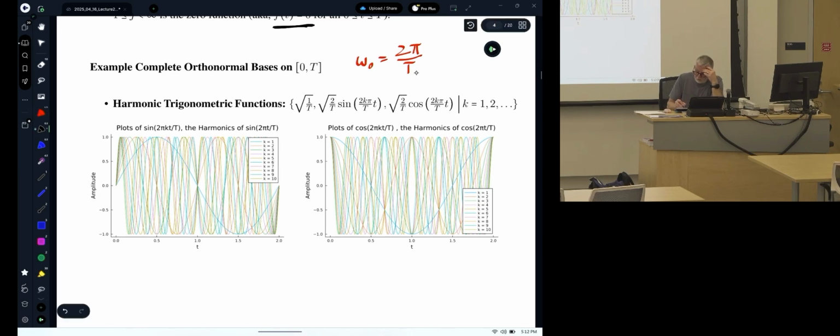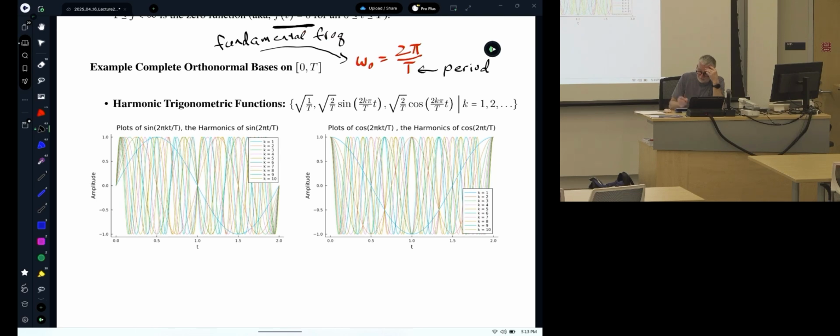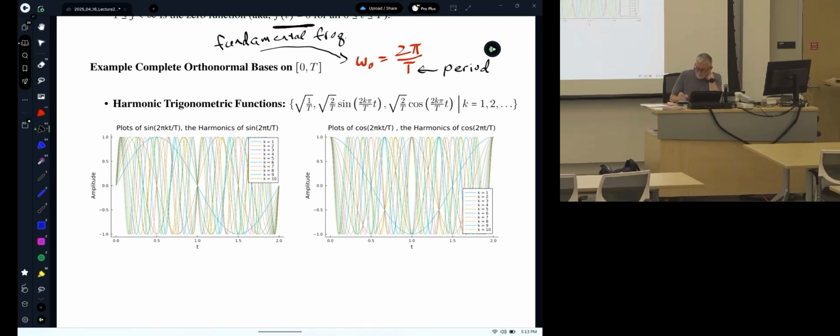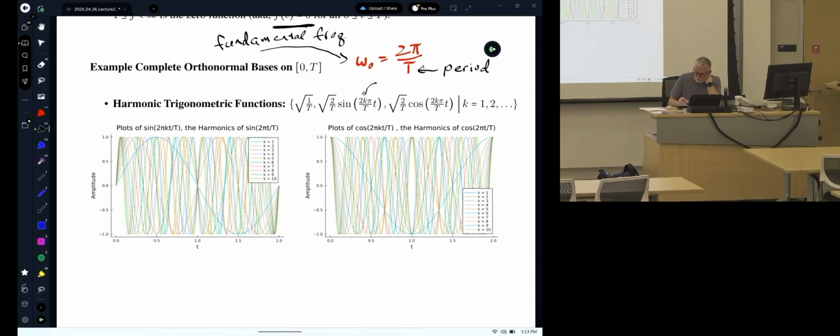And T is the period of the signal. That's called a fundamental frequency. And so we have all of the harmonics, we have all of the multiples of the fundamental frequency.